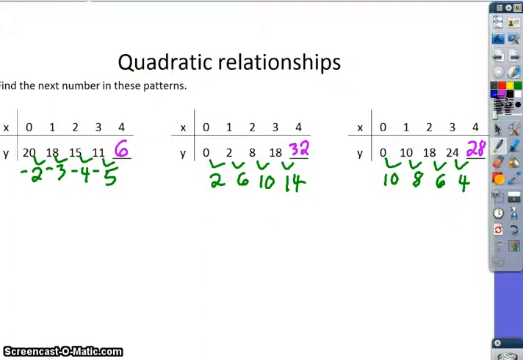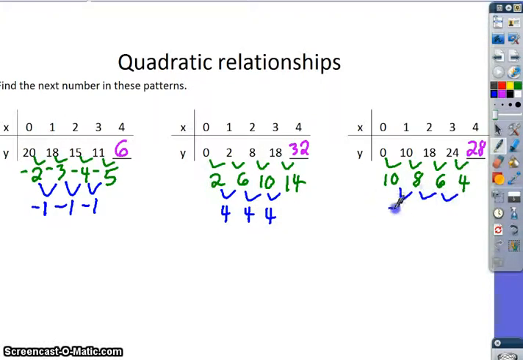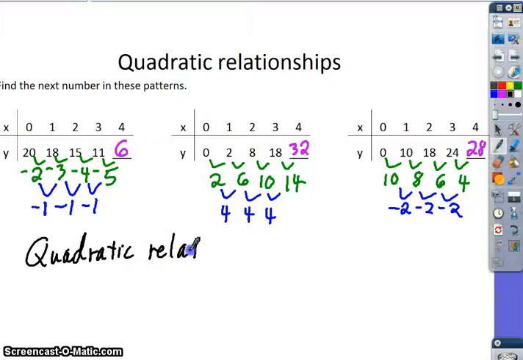So on all of these, if you look at this pattern in the slope, this slope is decreasing by 1. This slope is increasing by 4. And this slope is decreasing by 2. So who can tell me what makes a quadratic relationship quadratic? Hisham? Because the slope is changing by the same amount. Yes.